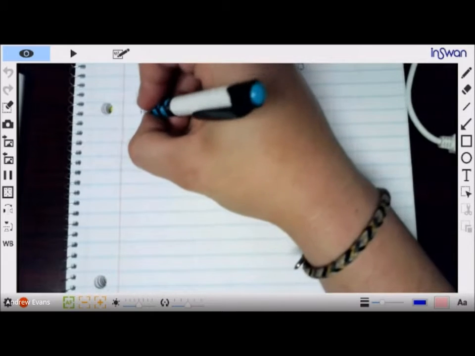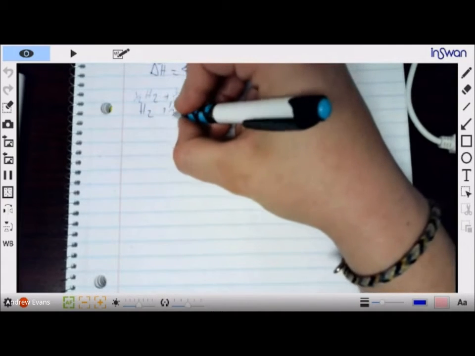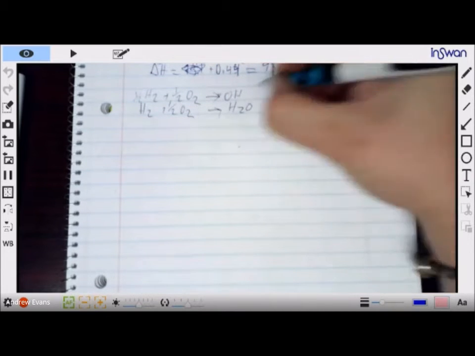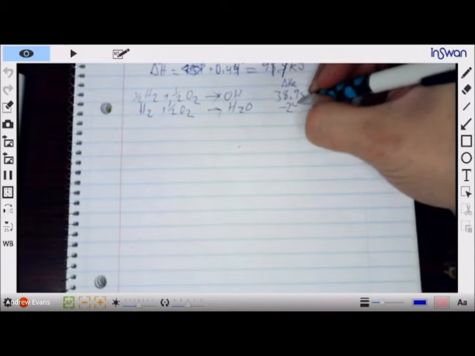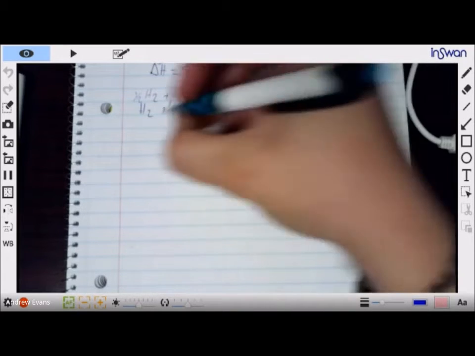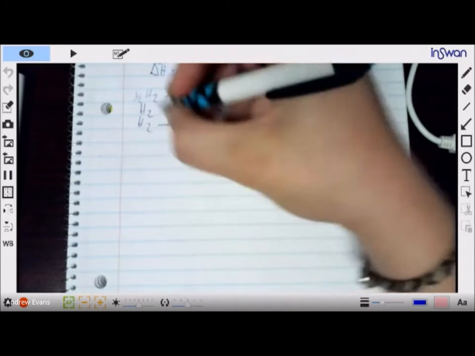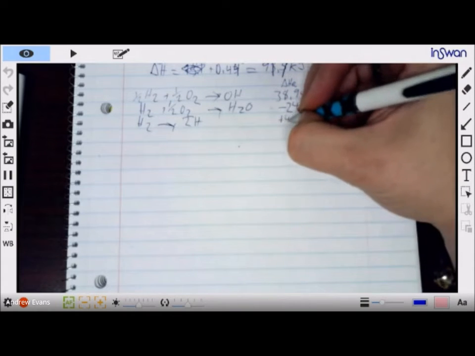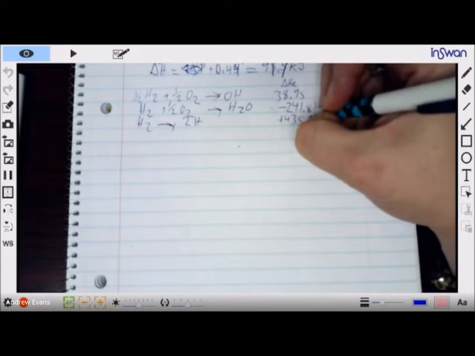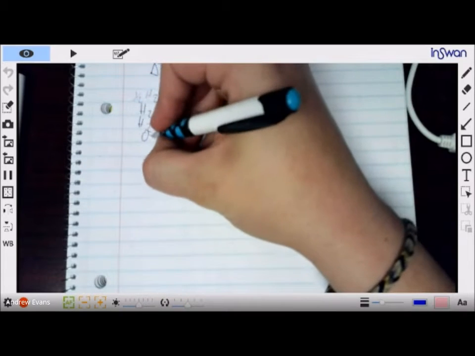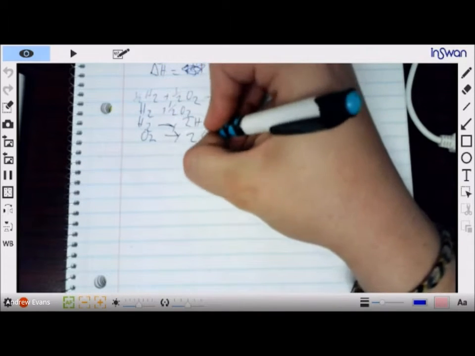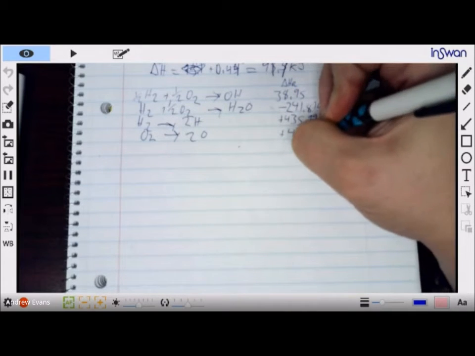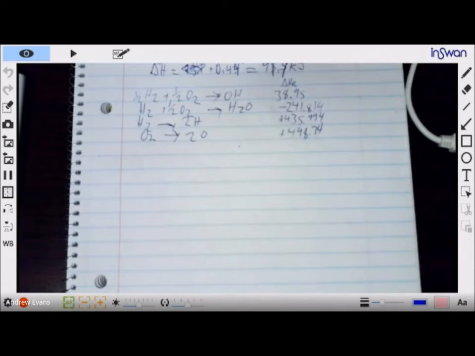We have H2 plus 1/2 O2 goes to H2O gas, that's negative 241.814. We have H2 can be split into 2 H's at a positive 435.994. And O2 can be split into 2 O's at a positive 498.34.